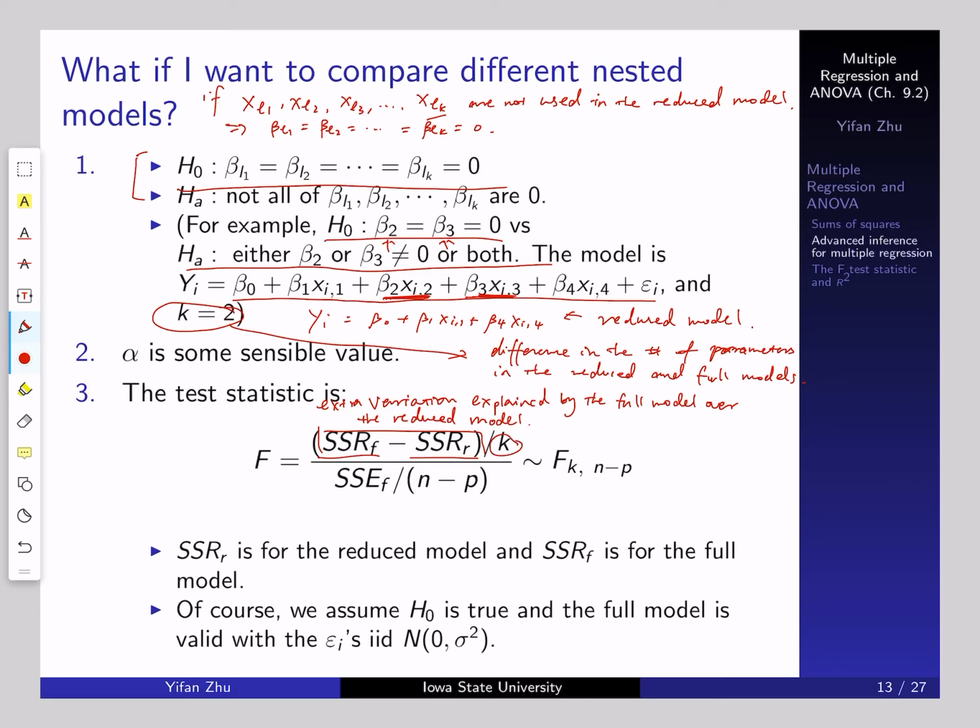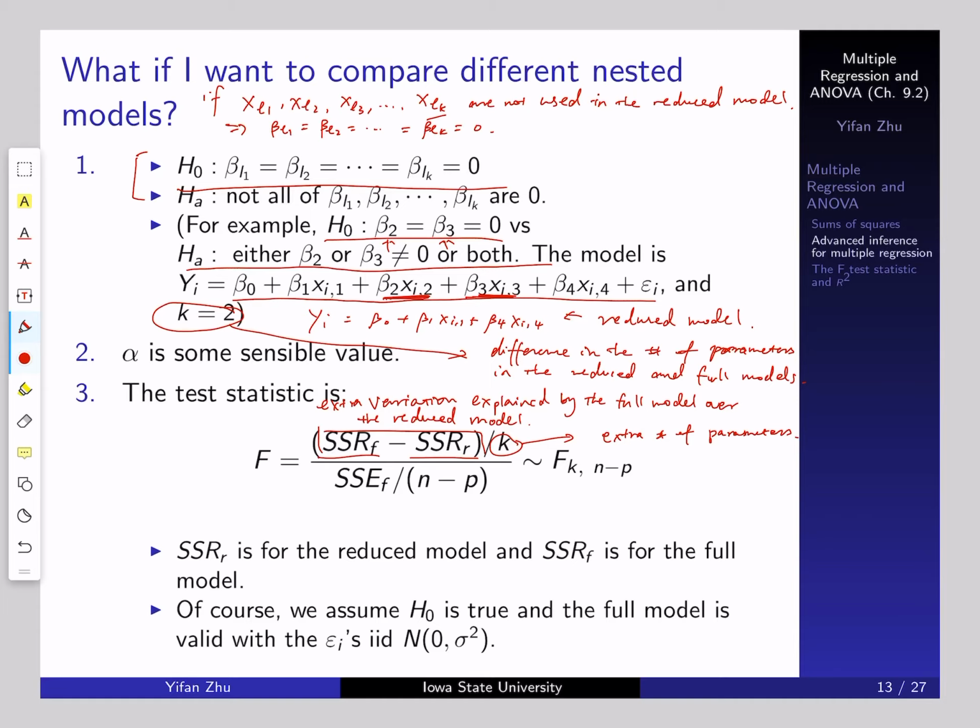And k is the extra number of parameters. So now you know why we construct such a test statistic.